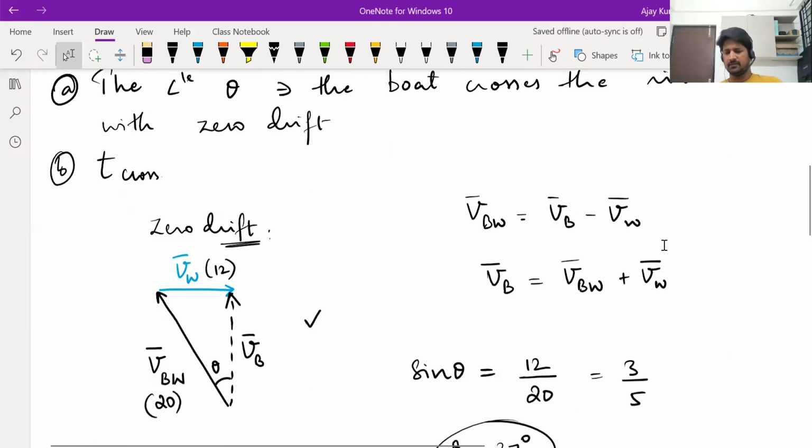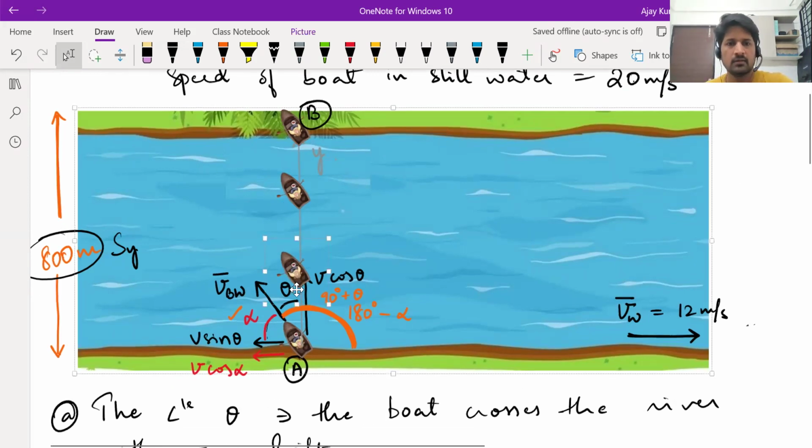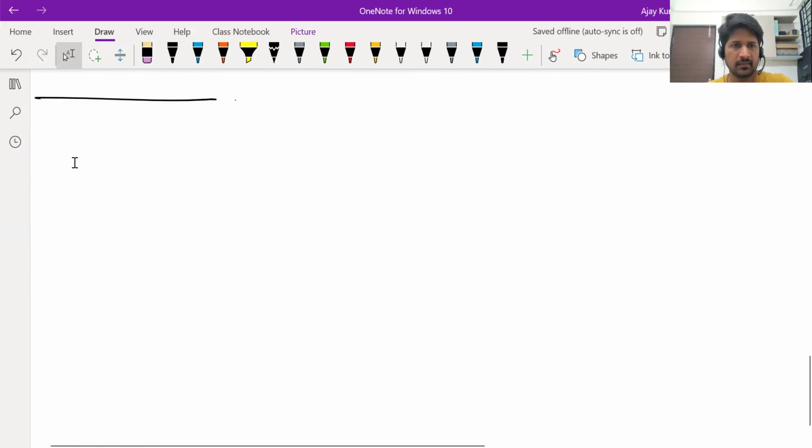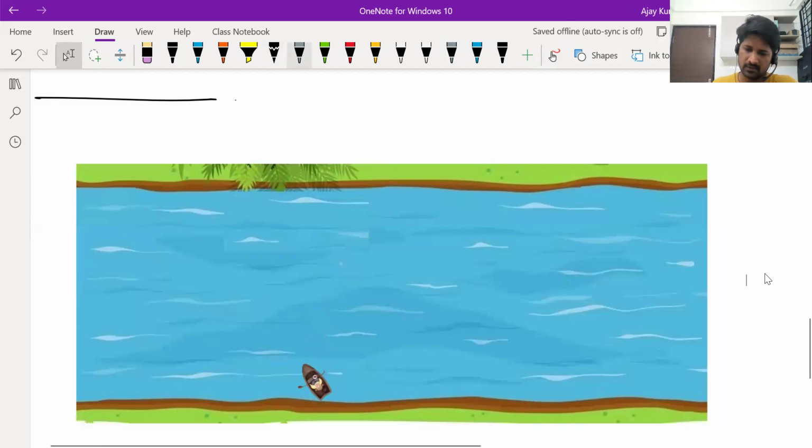So listen, irrespective of whether the boat is crossing with zero drift or not, let's just consider this diagram. Suppose the boat is directed at some random angle with the y-axis.